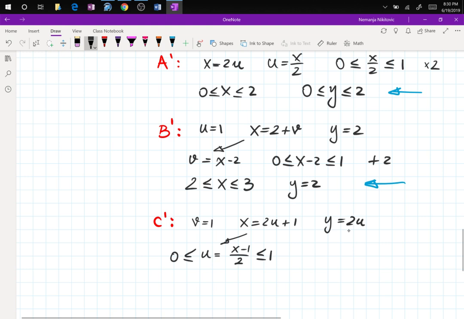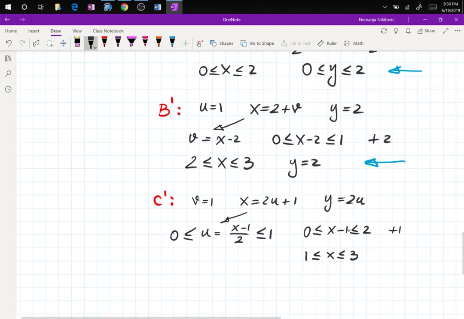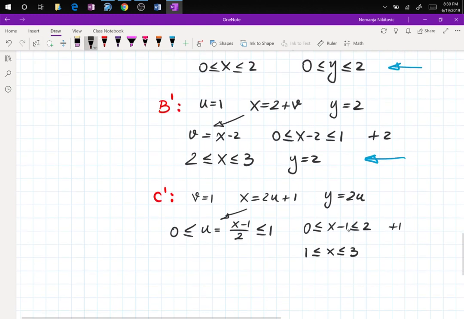Multiply the whole thing by 2. You get 0 less than x minus 1 less than 2. And then add 1 everywhere to get 1 less equal than x less equal than 3. Rinse and repeat for y.